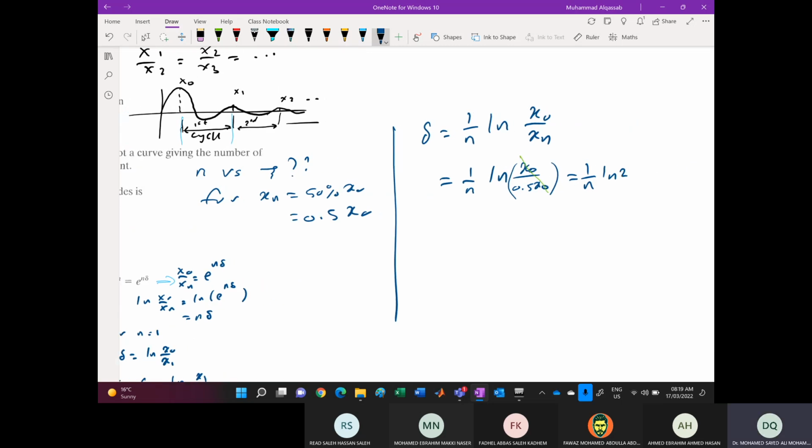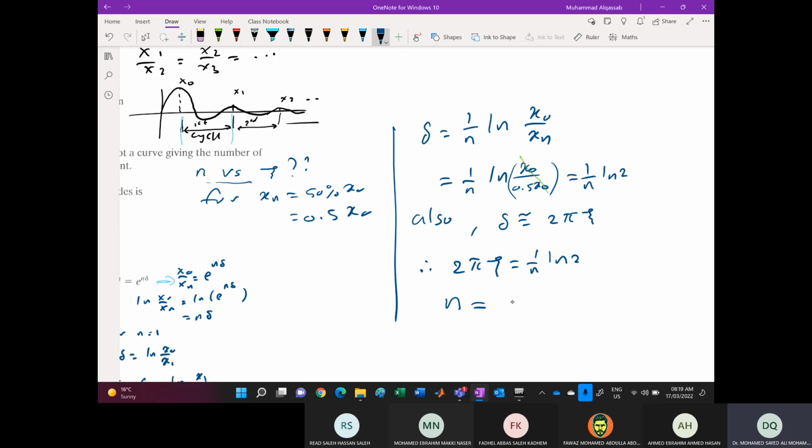Okay, delta is also equal to, for approximation, 2 pi zeta. So we can equate the two equations: 2 pi zeta equals 1 over n ln 2. Okay, the question is to plot n versus zeta, so you put n on one side and zeta on the other side.